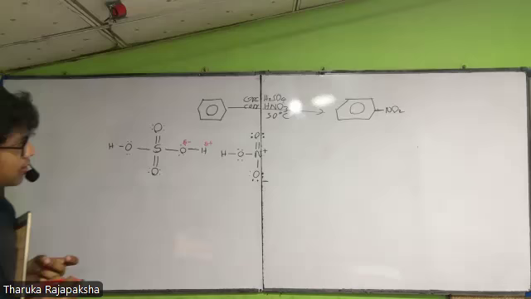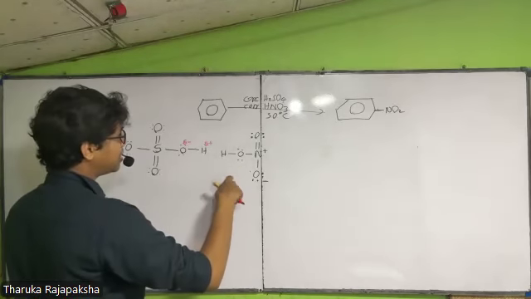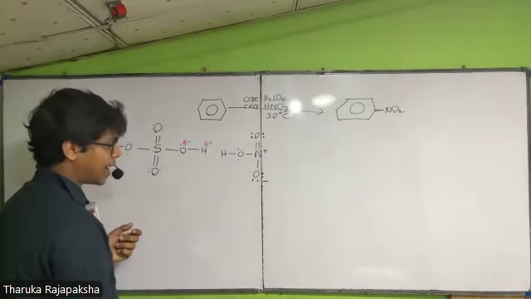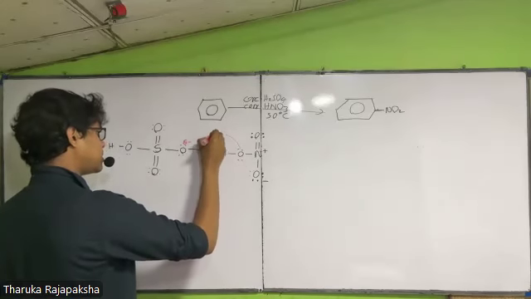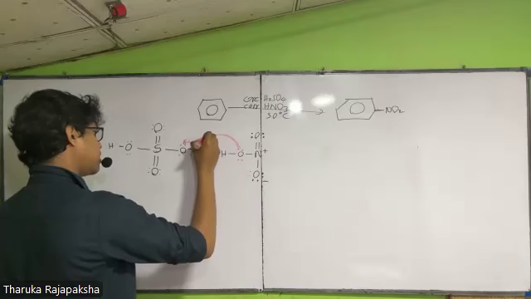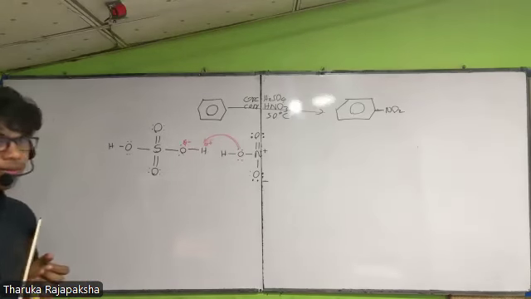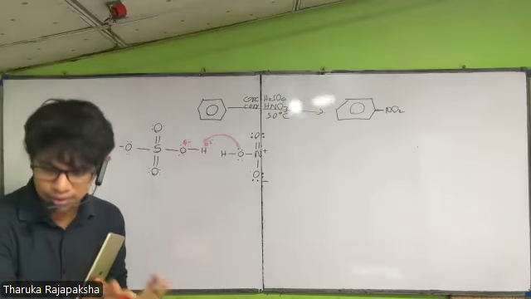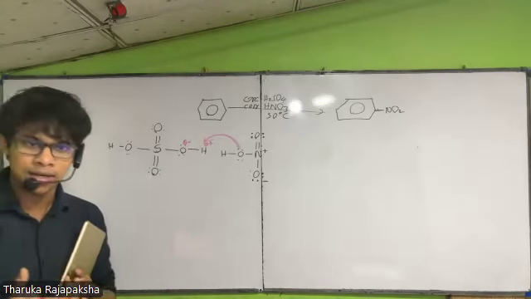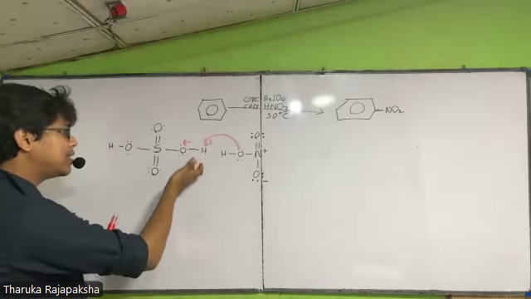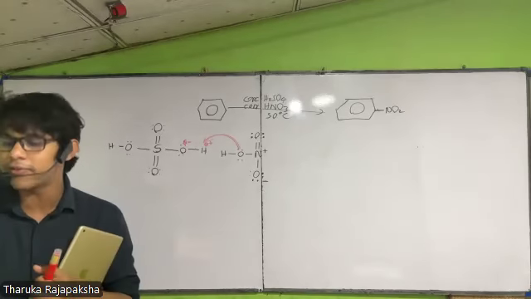So this oxygen has lots of electrons, and it is going to attack this hydrogen. Once it attacks, it gives the hydrogen an opportunity to gain electrons rather than bonding to this oxygen, which is also pulling the electrons of hydrogen.